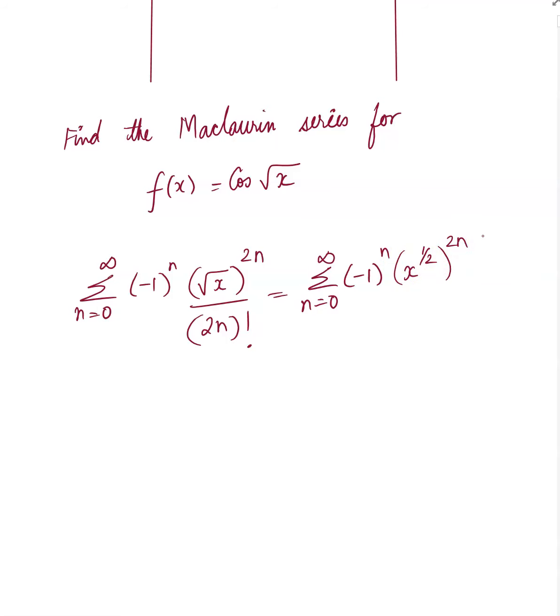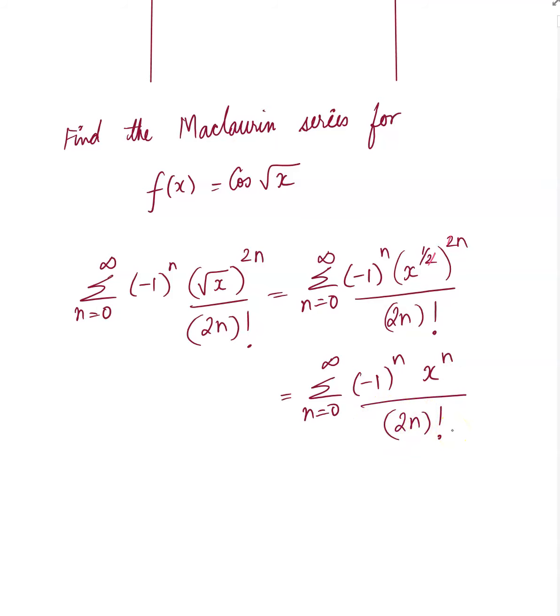So rewrite the square root as a power of a half, negative 1 power n, and multiply the powers. What happens here is this 2 and this 2 will cancel each other when you multiply the powers, and that gives us x power n over 2n factorial.